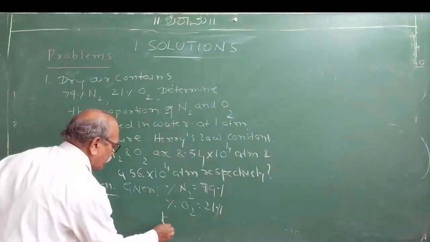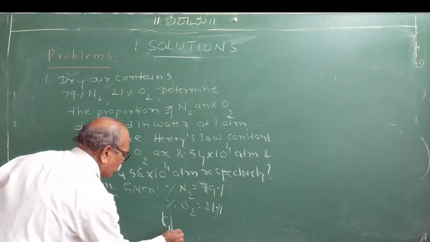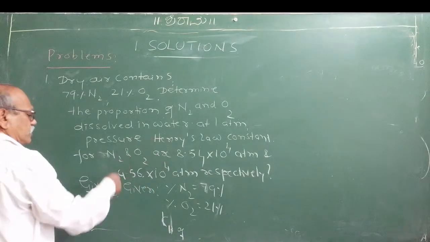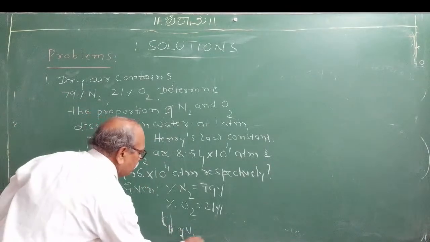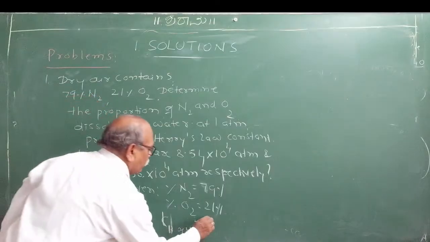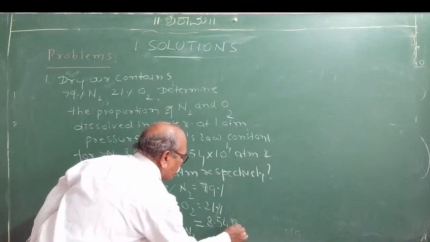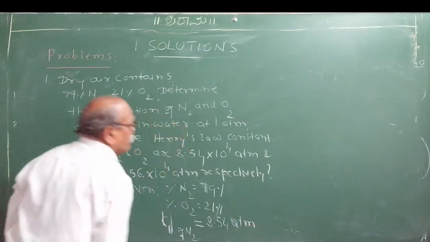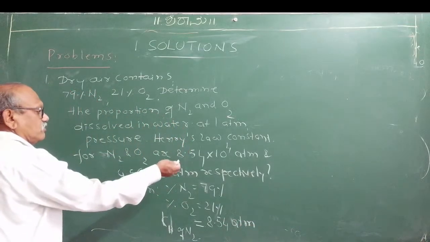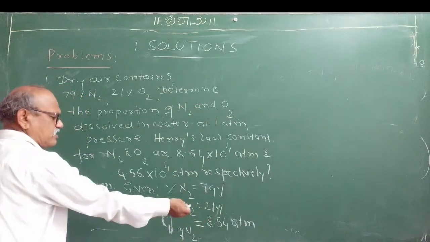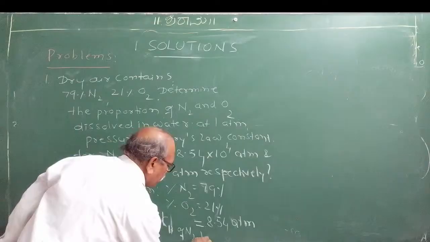And the KH value of nitrogen is given as 8.54 into 10 raised to 4 atmosphere. It is a KH value, so the unit is the unit of pressure.